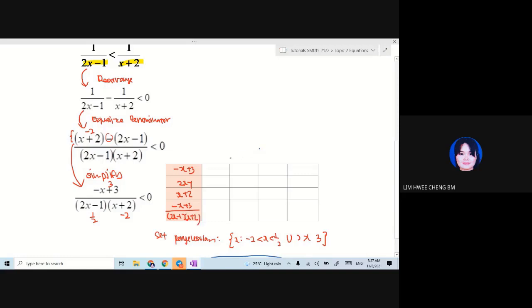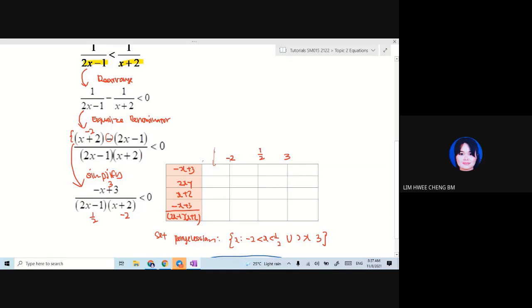So definitely we should start with minus 2 first, then minus 2, and this one is 1/2, and this one is 3. I noticed that when I mark your paper, please make sure that you leave a column here to put the minus 2. You cannot put here. If you put here, one of the selected regions we are not going to include, so you will have the wrong final answer.